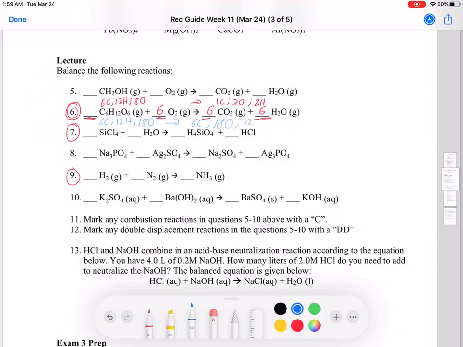If we notice, 6 carbons goes with 6 carbons, 12 hydrogens goes with 12 hydrogens.